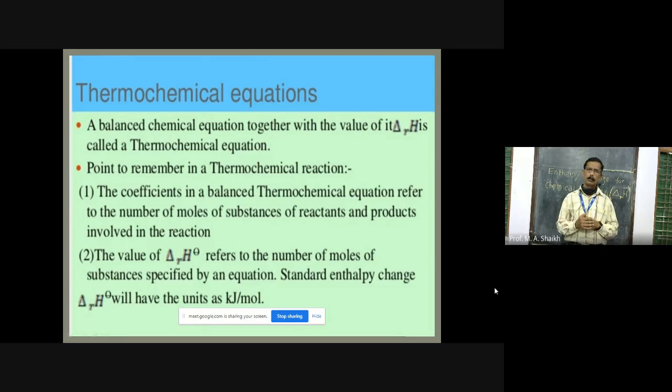Once again, the answer must be: a thermochemical equation is a balanced equation of a chemical reaction in which reactants and products are present in their standard state, and the equation also shows the enthalpy change, that is delta H.